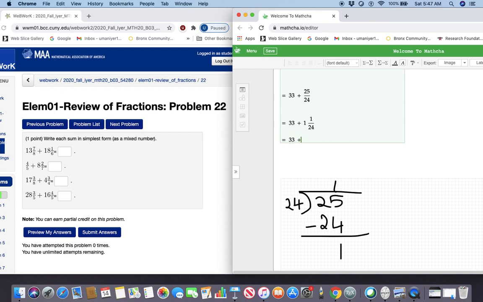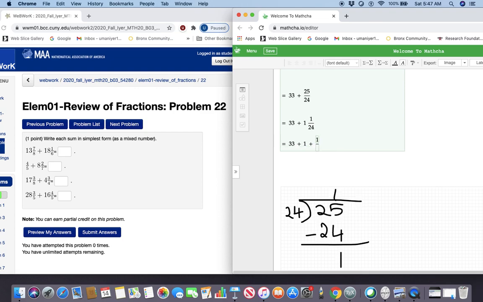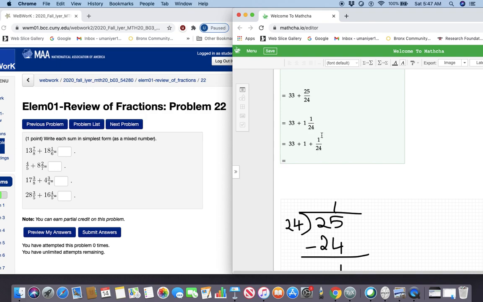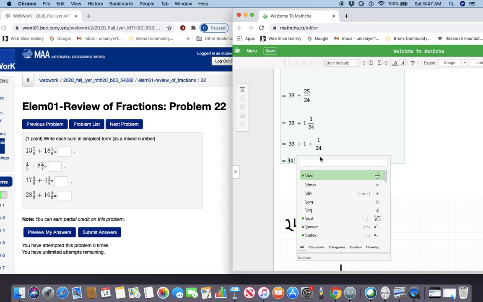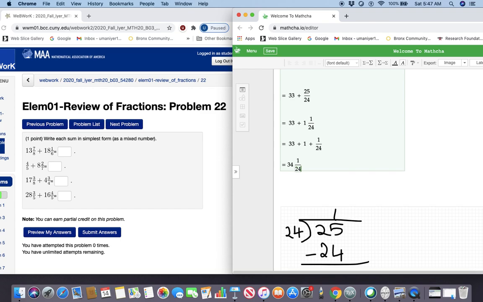This is 33 plus 1 and 1/24, so it's the same as saying 1 plus 1 over 24. A mixed number is nothing but the whole part plus the fractional part. So I can combine the whole parts. 33 and 1 is 34 plus 1 over 24. So I can simply write it as the mixed number 34 and 1 over 24.